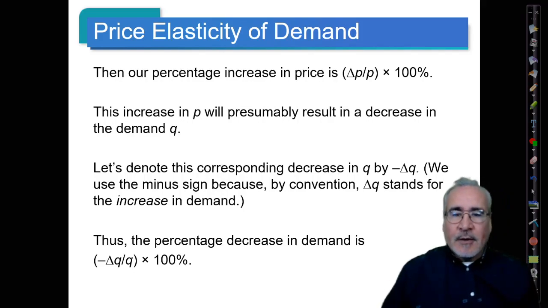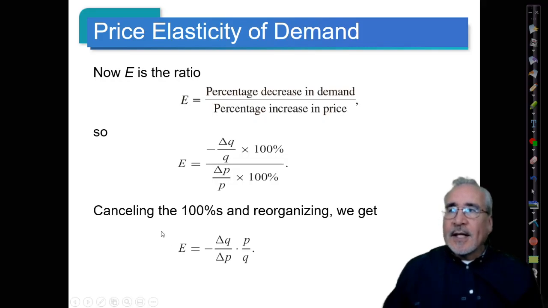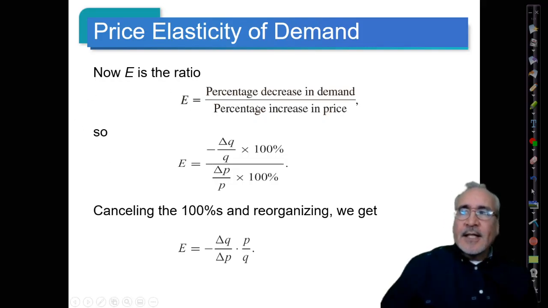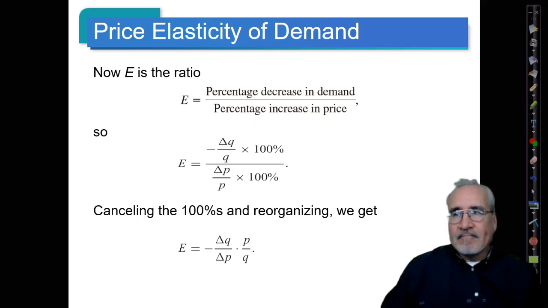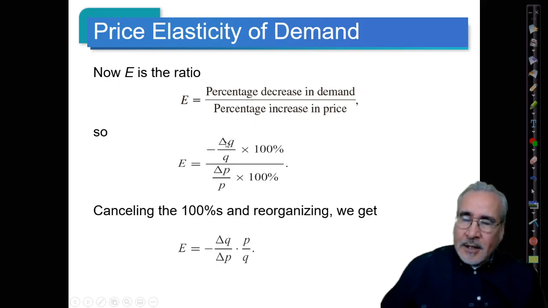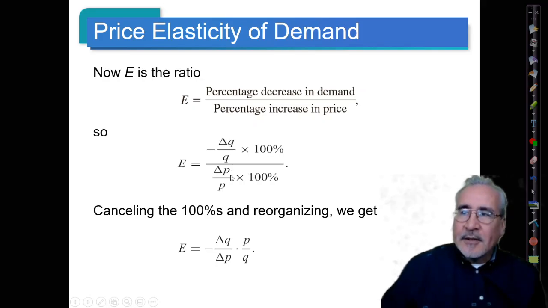Again, we're just going to keep working through this. So the elasticity is the percentage decrease in demand divided by the percentage increase in price. That's the ratio that we get when we're looking for that. Putting all that together, elasticity is minus delta Q over Q, over delta P over P, times 100.